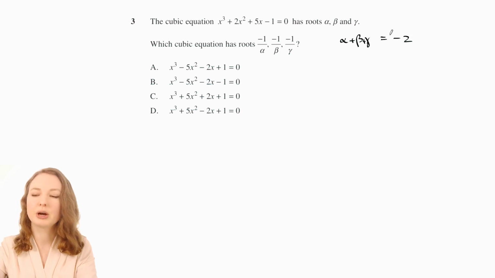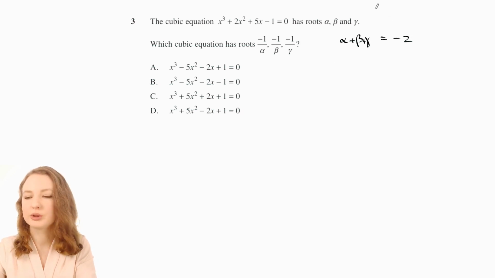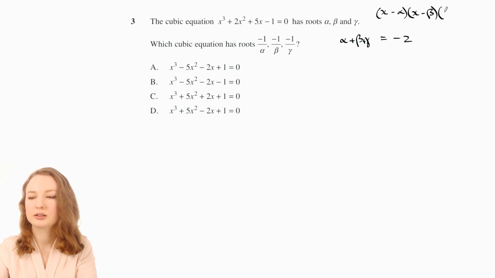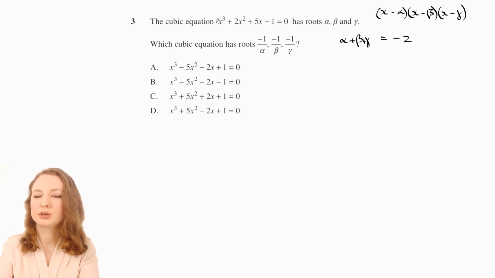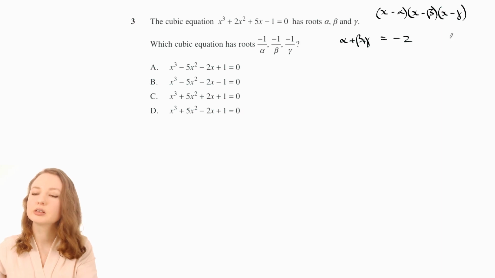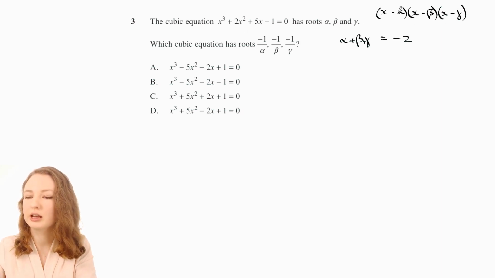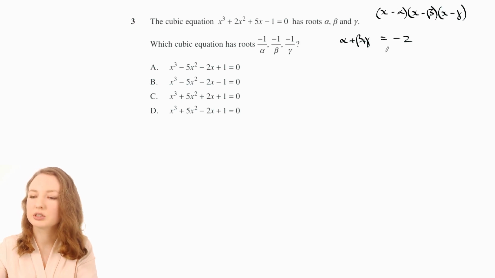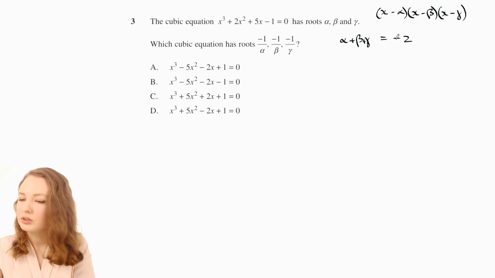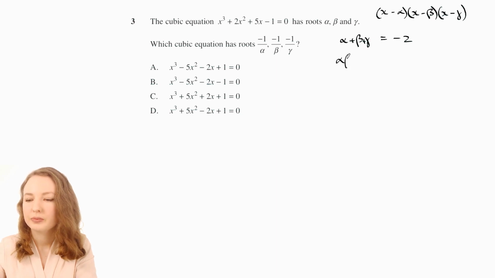If I get confused about which ones are negative and which ones are positive, I always go back to doing like this is going to be the same as that, and then think about expanding that. So for the x squared coefficient, you're going to get that negative alpha times the x, which means that this is actually negative alpha minus beta minus gamma is the 2. Anyway, so that is -2.